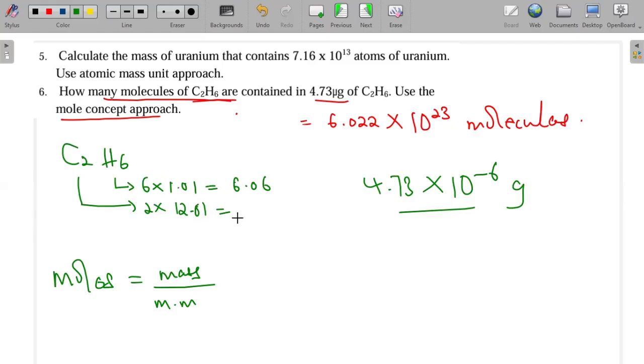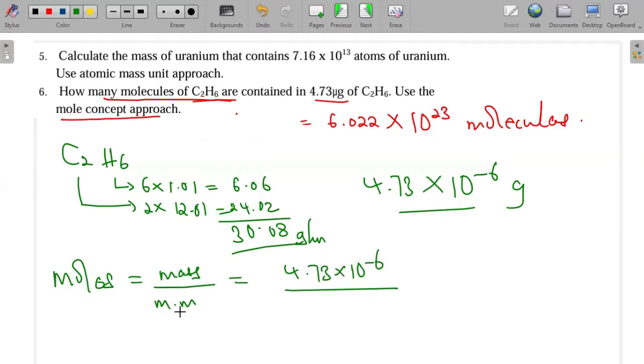I get 24.02. So when I add this, I get 30.08. So that is my molar mass there, grams per mole. So it means the moles will just be equal to the mass, 4.73 times 10 to the power minus 6 divided by the molar mass, 30.08.